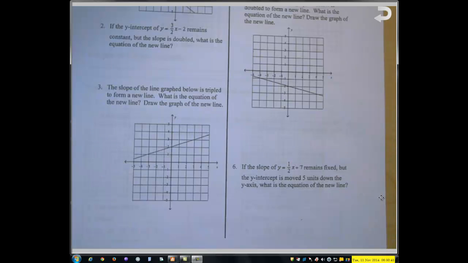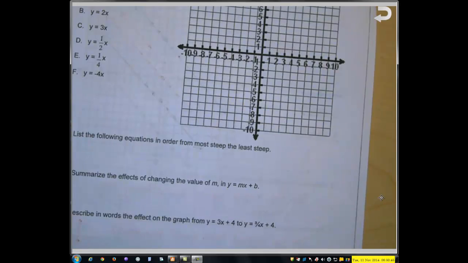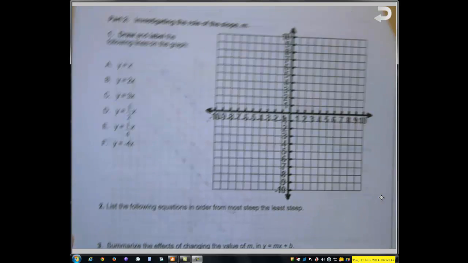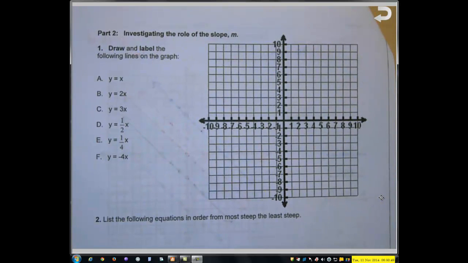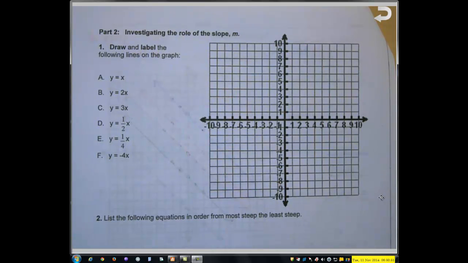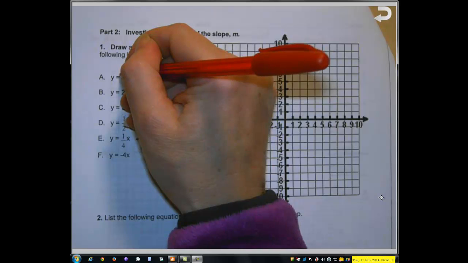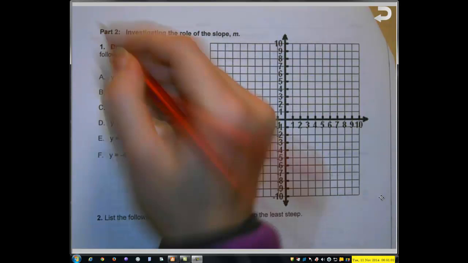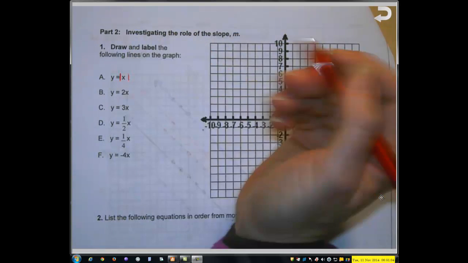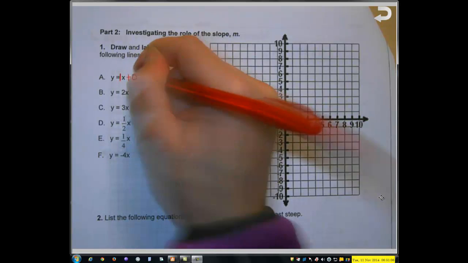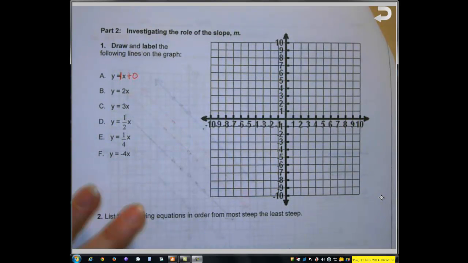Okay, turn over to the back page. So far we've investigated what happens when we change the y-intercept of the parent function. Now we're going to explore what happens when we change the slope of the parent function. So here is our parent function. Remember, it has a slope of 1 and a y-intercept of 0.